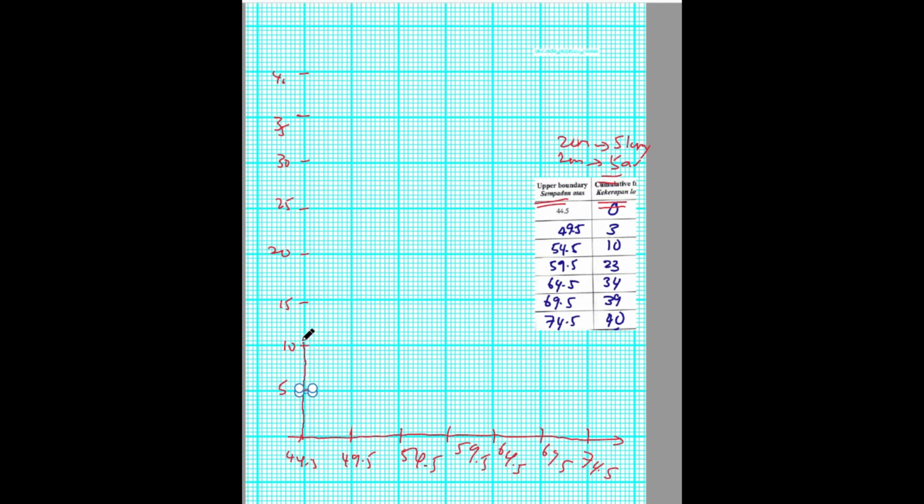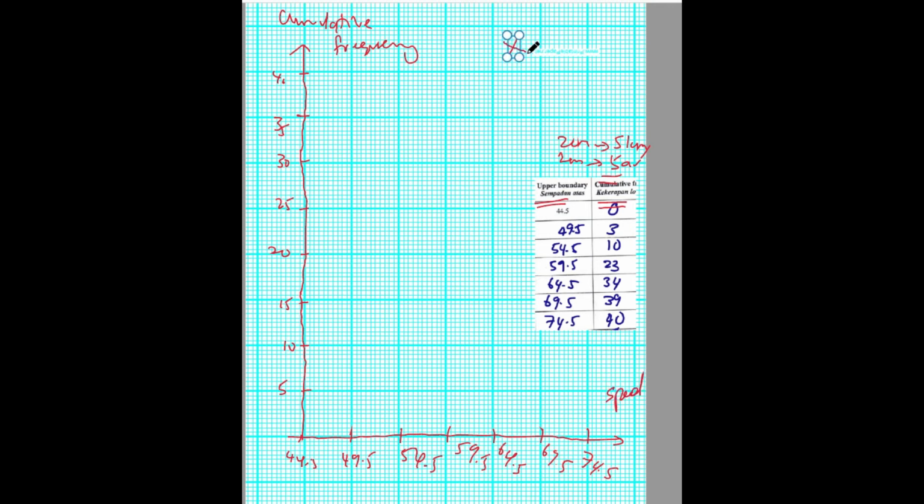Sorry, it's quite hard making a straight line using this. So this is cumulative frequency and this is speed.